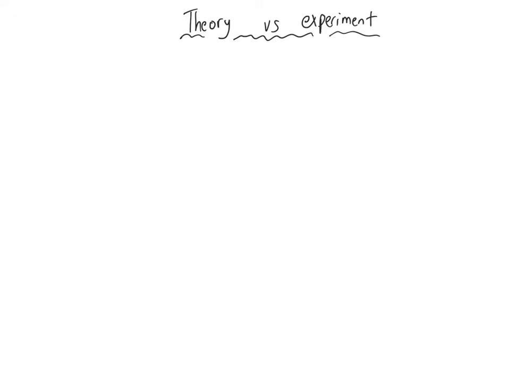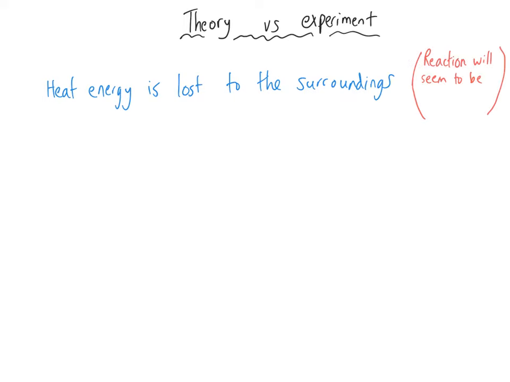And the greatest reason for this is that heat energy is lost to the surrounding gases. And if you think about what this means, if you are not catching as much of the heat energy as you maybe should be, this means that the reaction will seem to be less exothermic than in fact it actually should be, which is something to be mindful of.